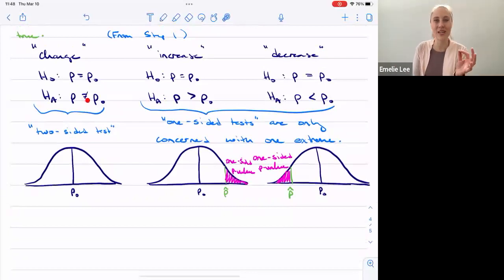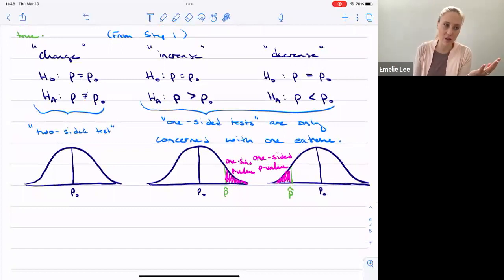Now, if I want not equal to, we understand I'm only going to have one p hat, and it can either be in the upper end or in the lower end. So it's only going to be on one tail. But what we do is replicate that in the other tail as well.